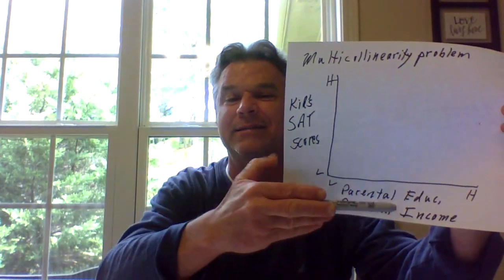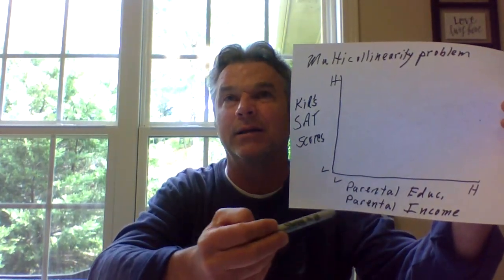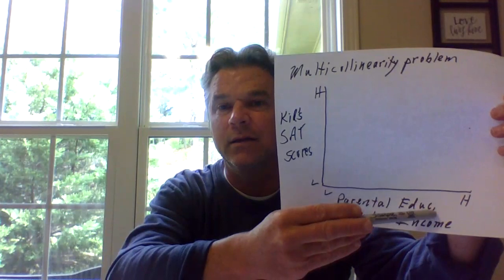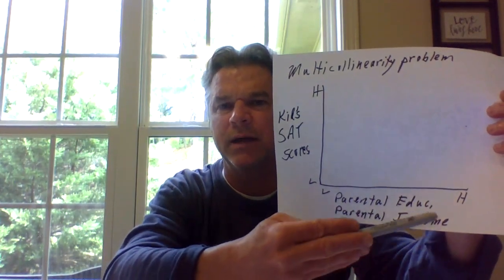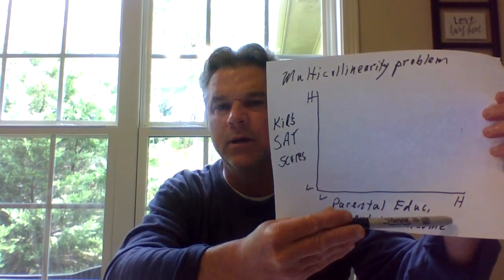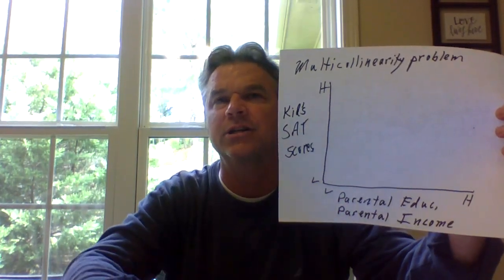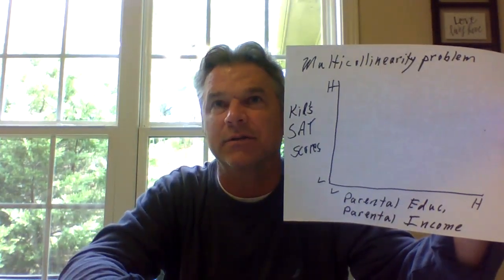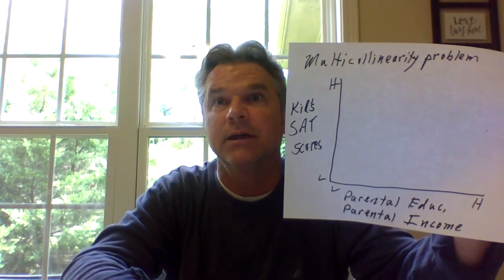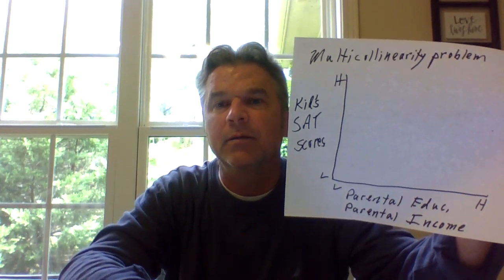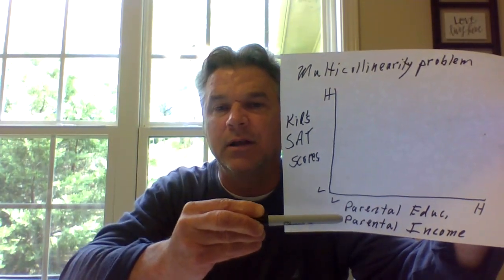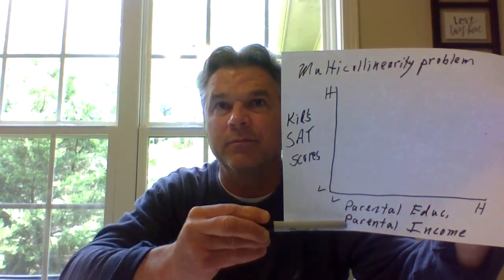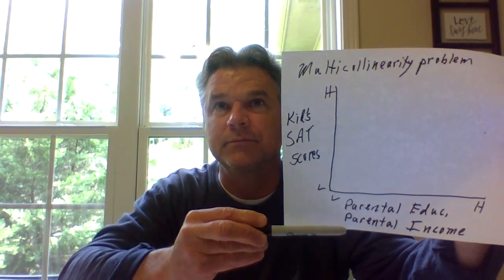But if I eliminate parental income, and I have the usual suspects, will parental education come back statistically significant? Yeah, definitely. Because it's picking up a lot of the variation from parental income also.